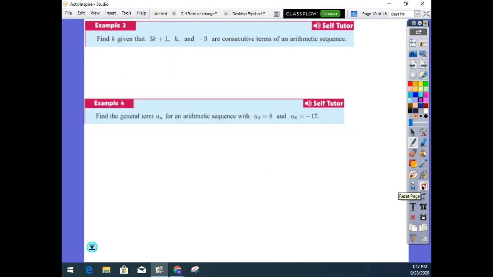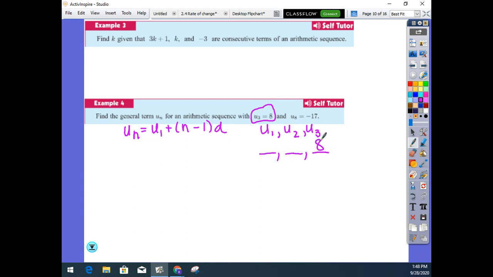This one's a little bit sneakier. All right, so first of all, my general formula is u sub n equals u sub 1 plus n minus 1 d. All right. Now, u sub 1 is the first term, u sub 2 is the second, u sub 3 is the third. This says u sub 3 is 8.